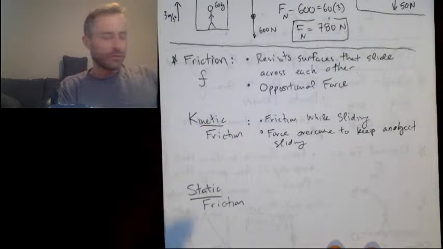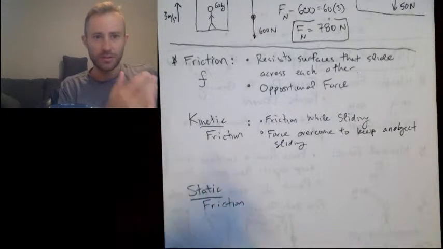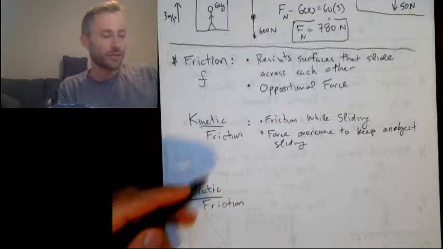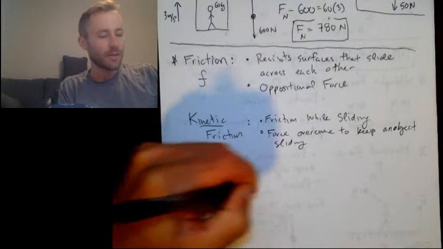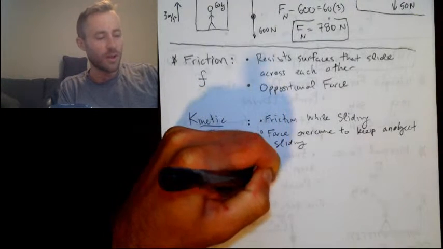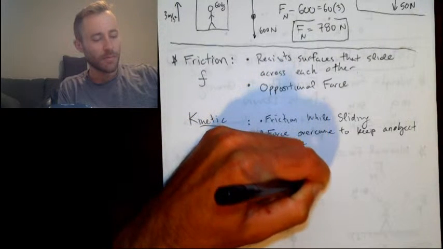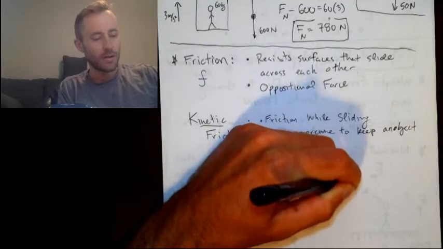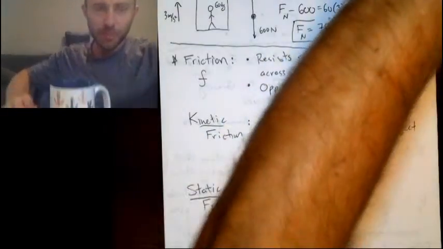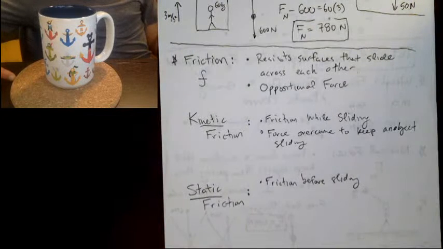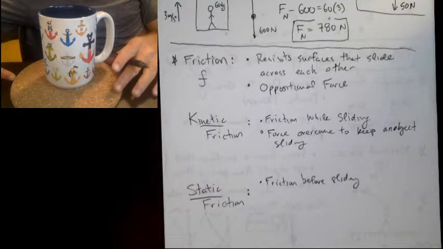Static friction: static means not moving, unchanging. Kinetic means motion. So static friction is friction before sliding. What if I'm applying a force on the coaster right now, but the coaster is not moving?